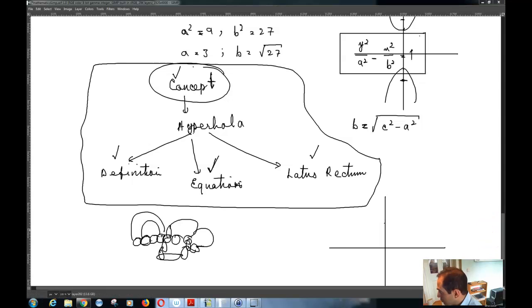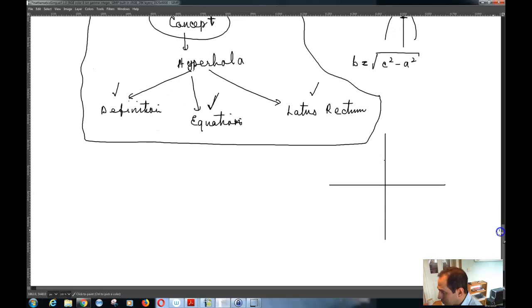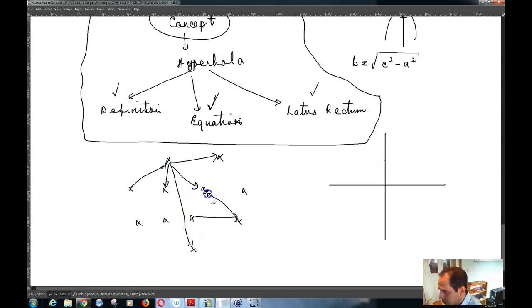Let me do this more properly. Related to this concept, there are all of these definitions. For example, there is a fact here, a fact here, a fact here, and so on and so forth, and this is linked to this, this is linked to this, and so on.